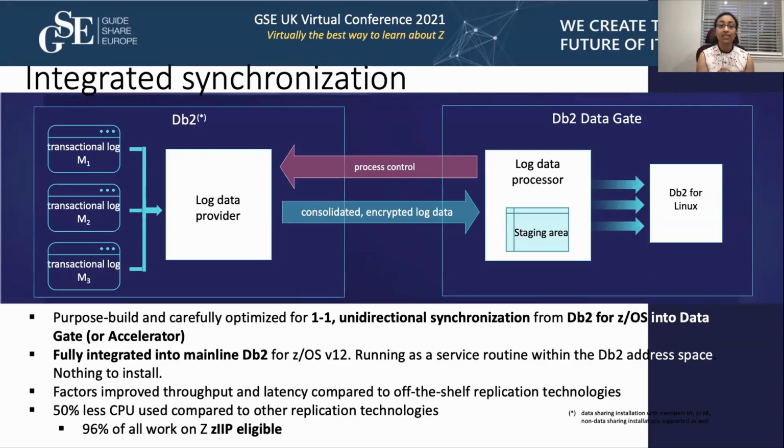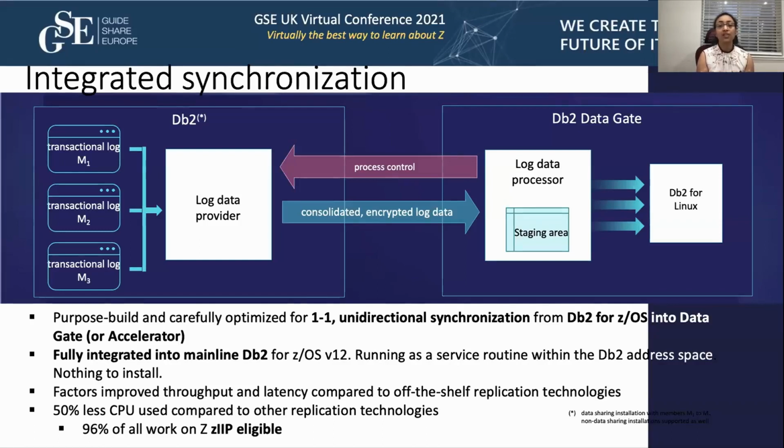This component is built into all DB2 V12 systems. There's no additional install required. The provider is custom built with a laser focus on the current use case we are talking about, which is to move the data from DB2Z in the most atomic, consistent, and performant way into the DB2 for Linux target. Since it is built for this custom use case, it does what it is expected to do very well.